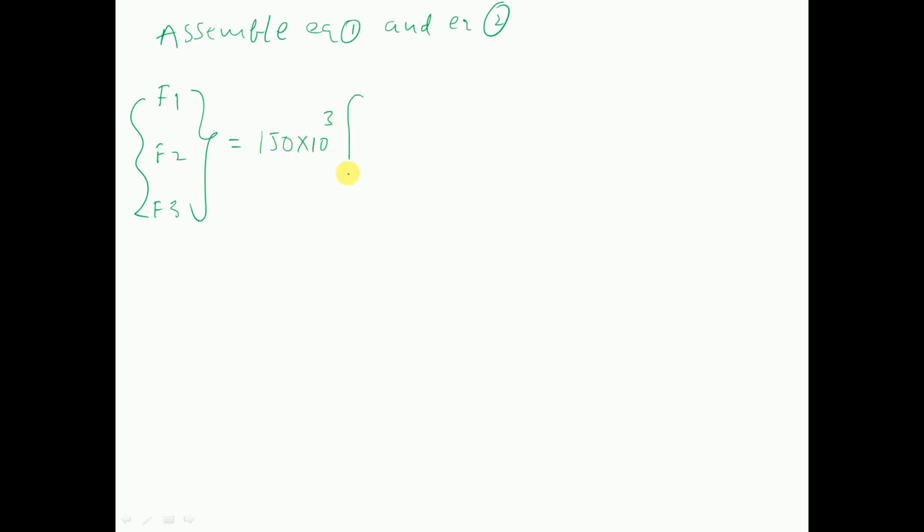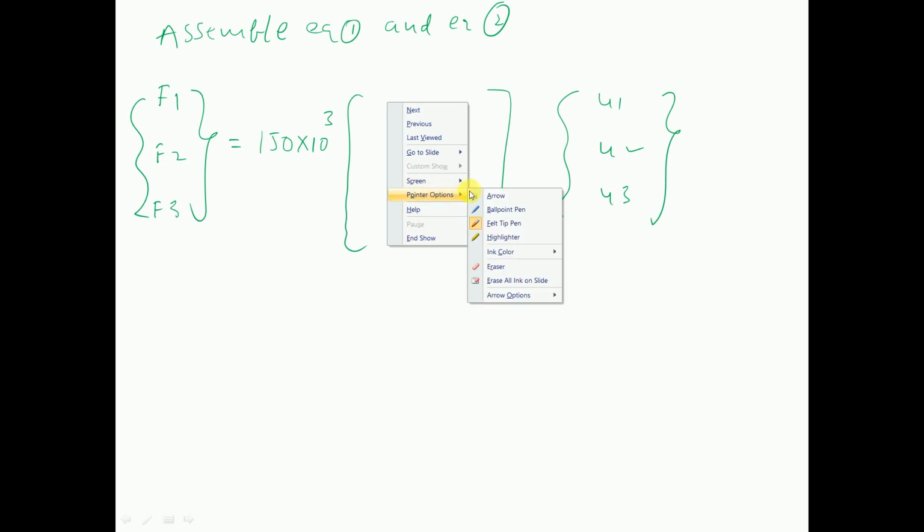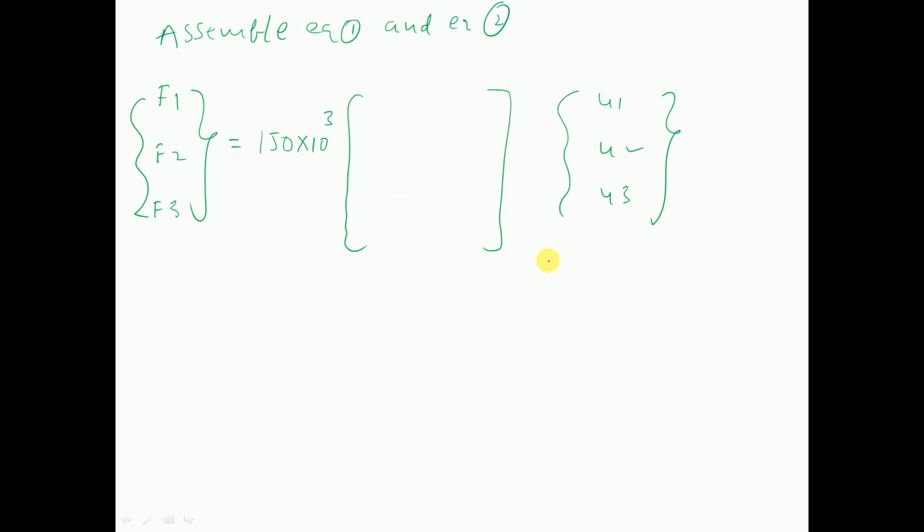Then we have to assemble the stiffness matrix with U1, U2, U3. How we have to assemble, I already explained in the previous class. First we have to write the global node numbers 1, 2, 3 here. Okay, I have written.